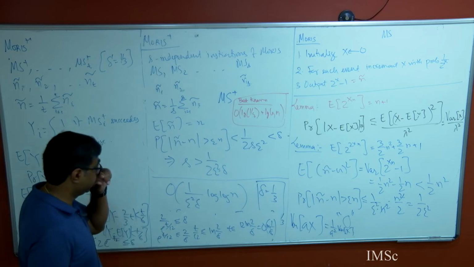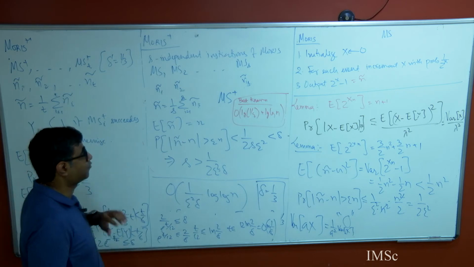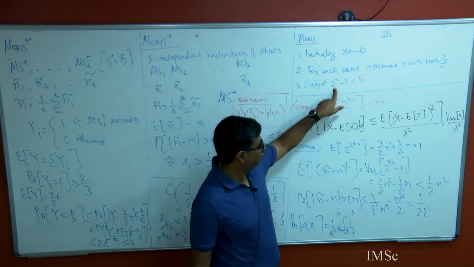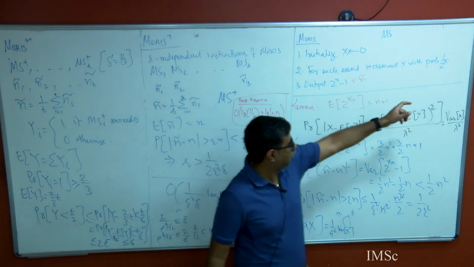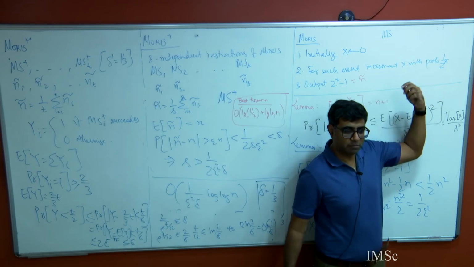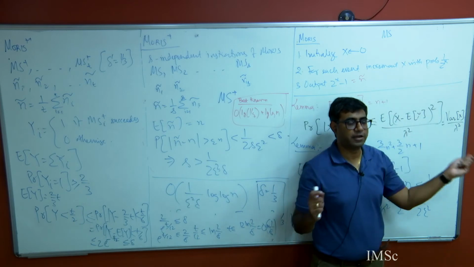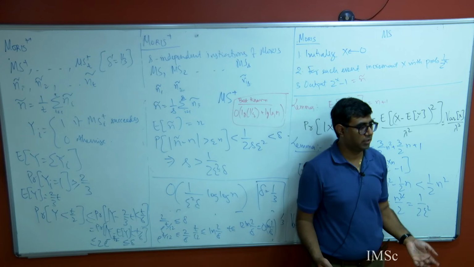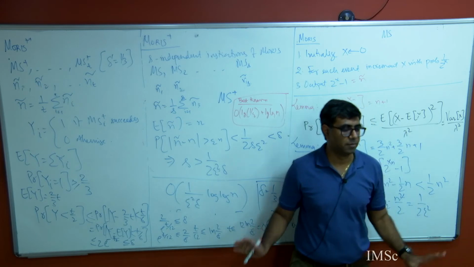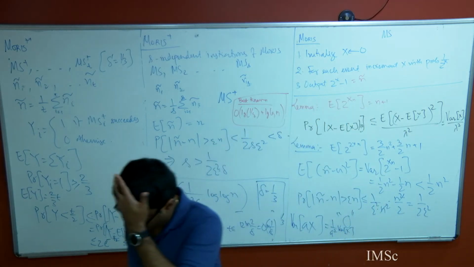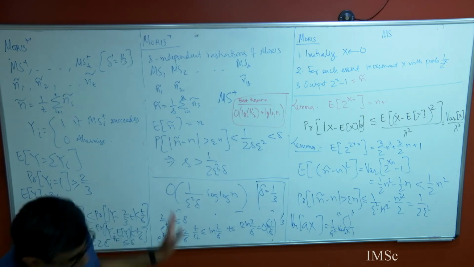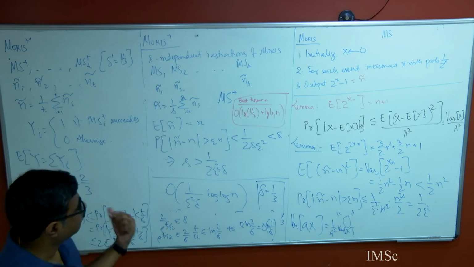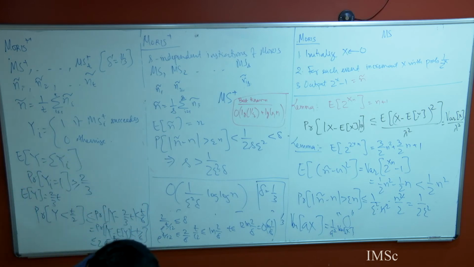How do we achieve this is not very hard. You don't fix 2 to the power x, but you use some a to the power x, and you fine-tune a appropriately to get the best known bound. So this is our first algorithm. The upper bound was known for a long time, but the lower bound was only proved much later.